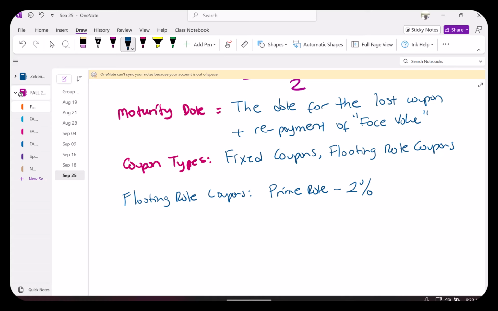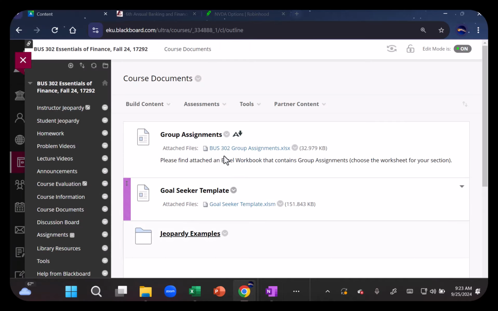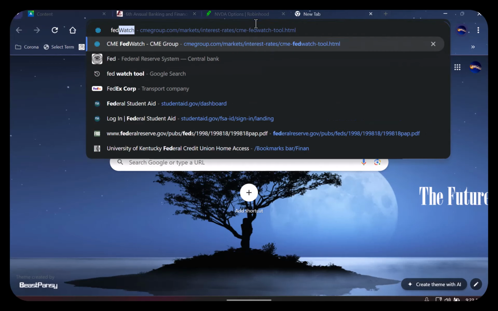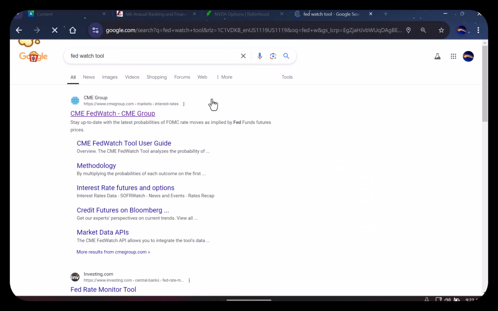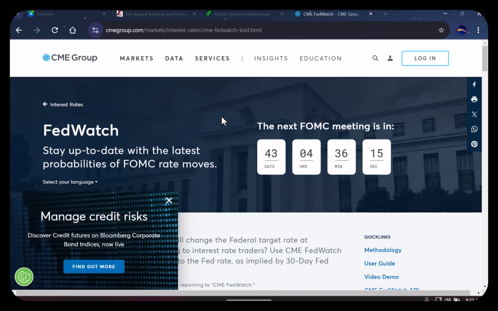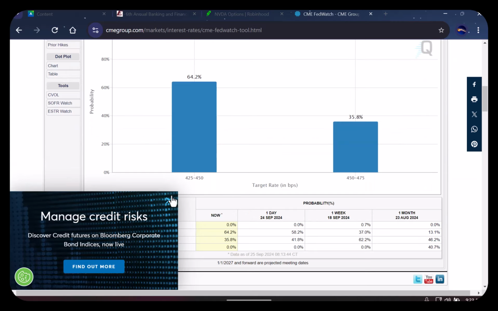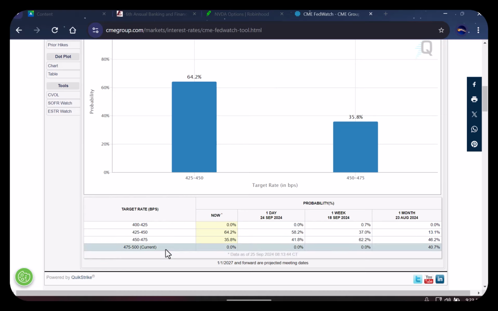Actually, I don't have to guess. Even though this thing affects me, I have two home equity lines of credit. On one of them, I pay prime minus one, on the other, prime plus one. Yeah, 475, 500. Okay, currently.